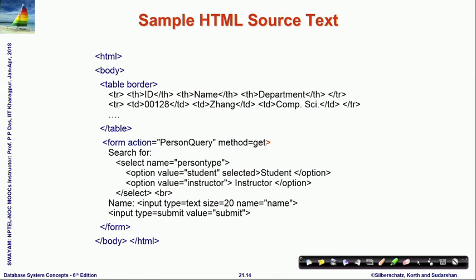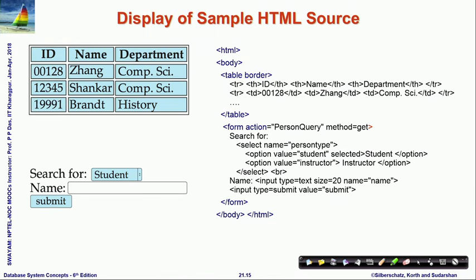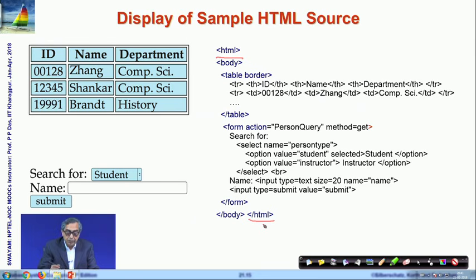So, here is a sample HTML code. Let me show you the effect of this in the next slide. If you look in here, you can see that this is what is known as a tag, and the tags are given in the form of parenthesized notation.